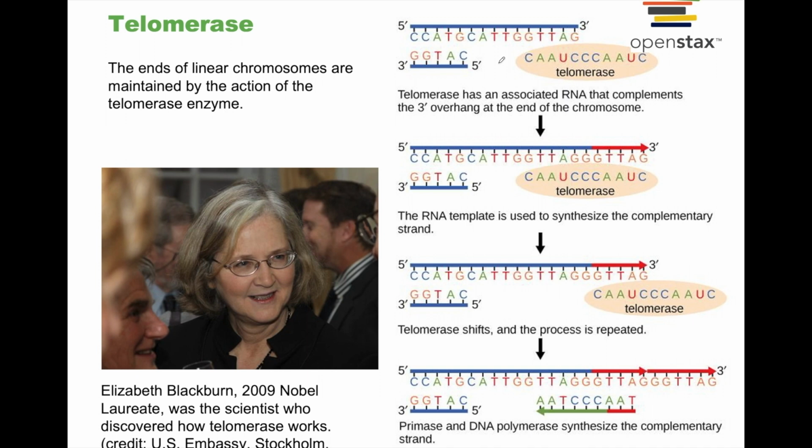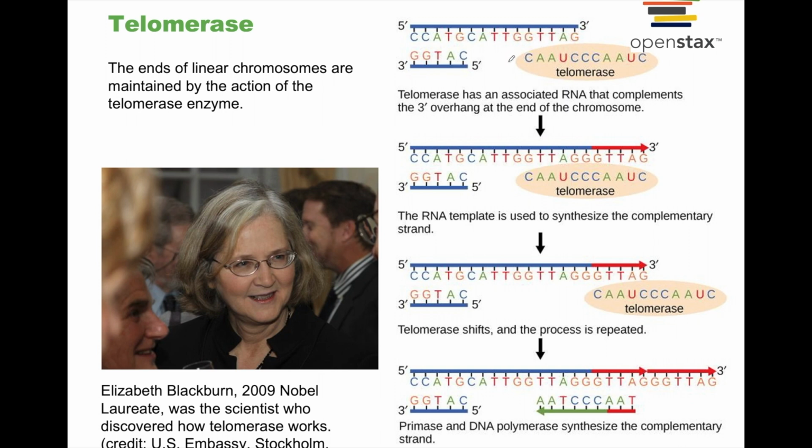Now, there is an enzyme that was discovered by this scientist, Elizabeth Blackburn, and she won a Nobel Prize for this discovery. And the enzyme is called telomerase. And the job of the telomerase is to come in and fill in these ends.